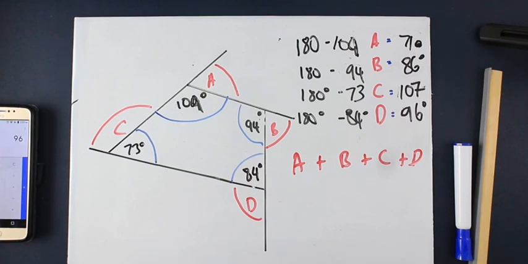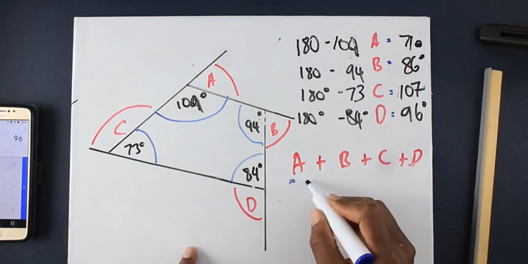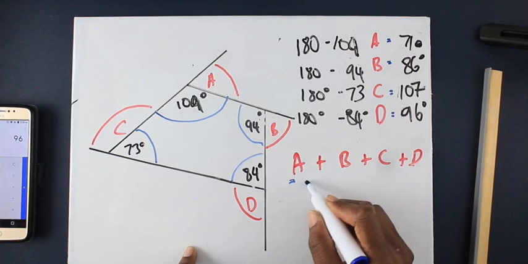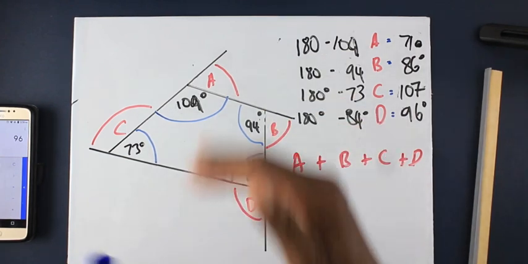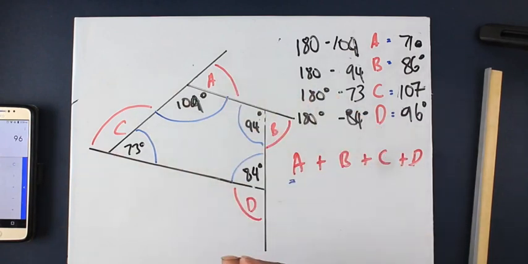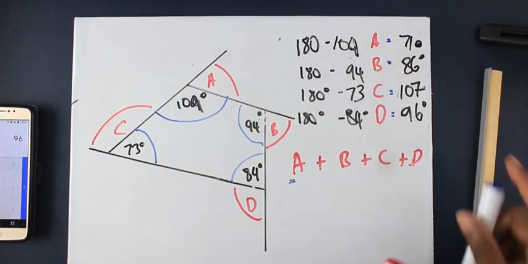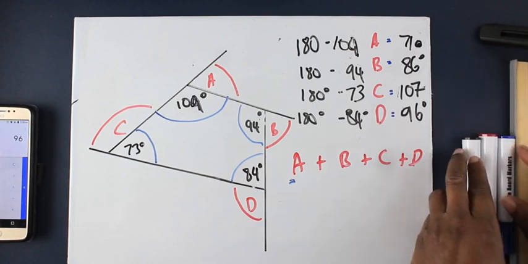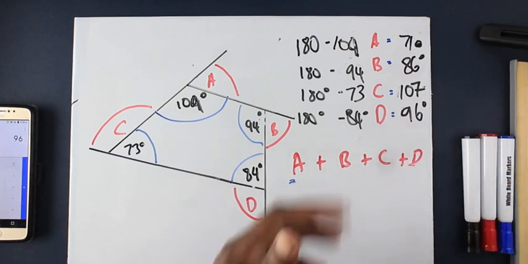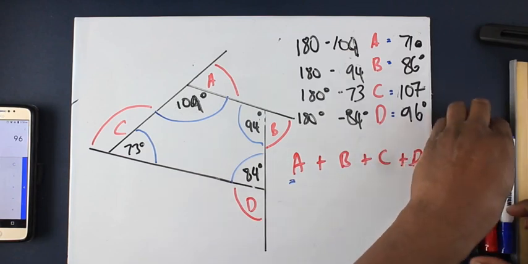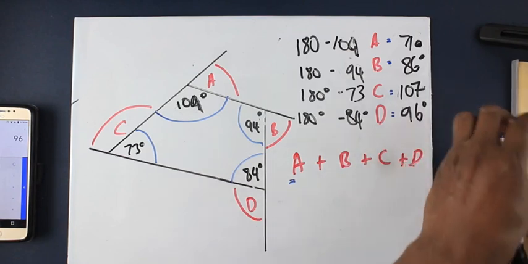Again, we're going to do the same thing that we did with the irregular pentagon. We're going to add all these angles, A, B, C and D. All of them are facing anti-clockwise this time. That is very relevant to what we're doing. Remember I said at the beginning, clockwise or anti-clockwise, as long as the angles are all facing the same way, then we get an interesting conclusion.